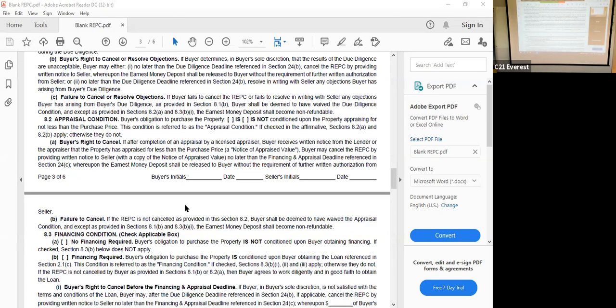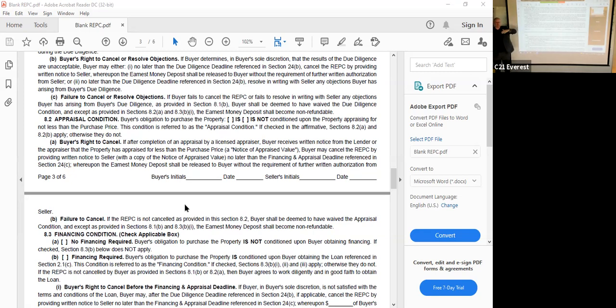Okay, 8.2, the appraisal condition. We're seeing this all the time. People are waiving the appraisal, but yet they're still getting a loan. And how does that work? Okay, we're not going to go into that issue, but I'm going to just cover this one thing. If you are canceling based on the appraisal, how do you do that?